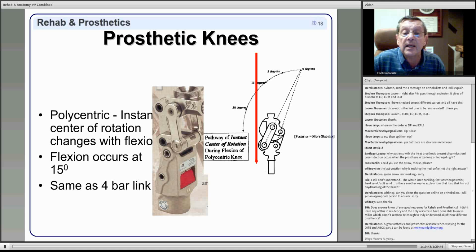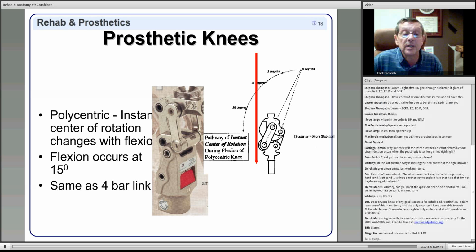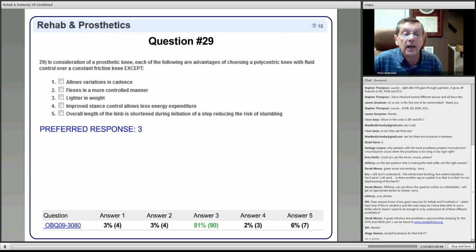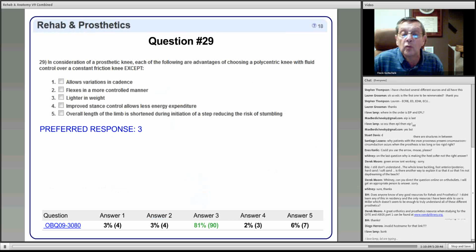Now the key here is the red line illustrates part of the body's weight, which is anterior to the point of rotation, therefore helping to keep the knee extended with weight bearing and allow for flexion when one's in swing phase. So the correct response is number 3, lighter in weight.